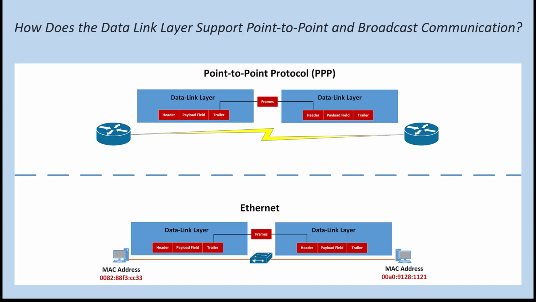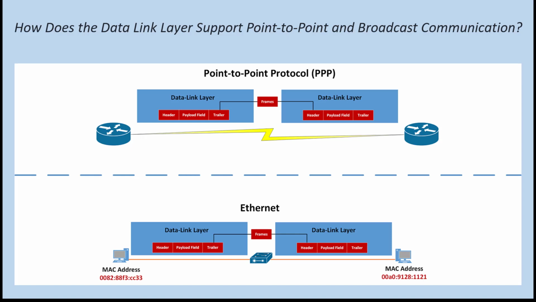Think of these protocols as the choreographer of how our data moves and grooves. PPP ensures a close connection between two devices, like a private dance. Meanwhile, Ethernet transforms our data into an engaging performance for the whole network to enjoy.